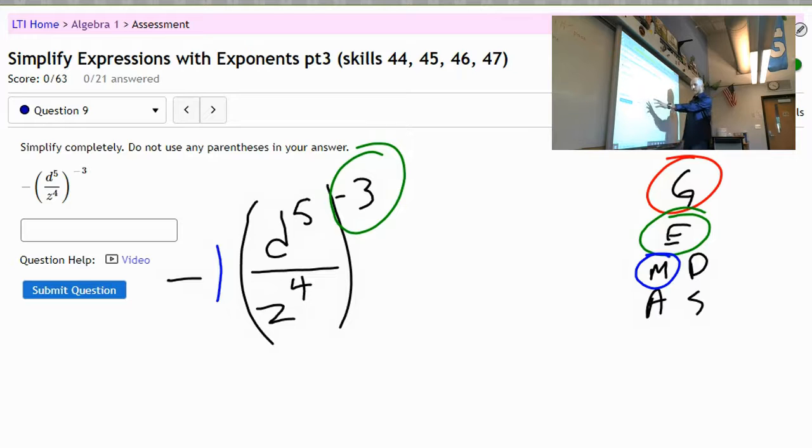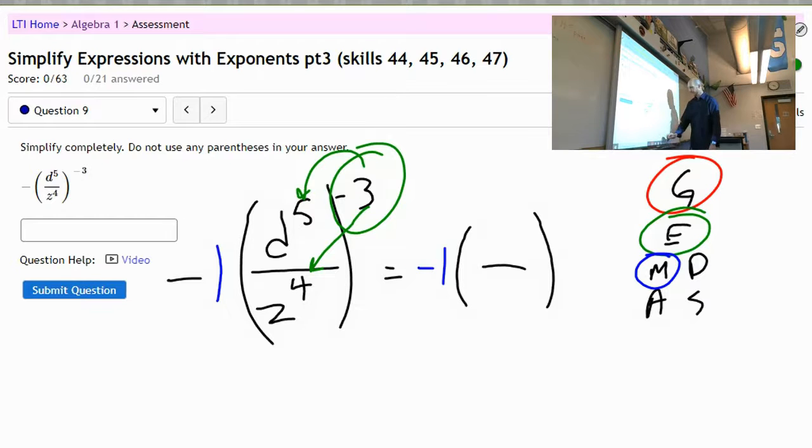I have things inside the parentheses that are raised to powers, and they are raised to the -3 power. That's a power to a power, which means multiply. So I'm going to take the -3 and multiply it onto each of those exponents. That -1, or just the negative sign, I'm going to wait until afterwards. That's still coming.